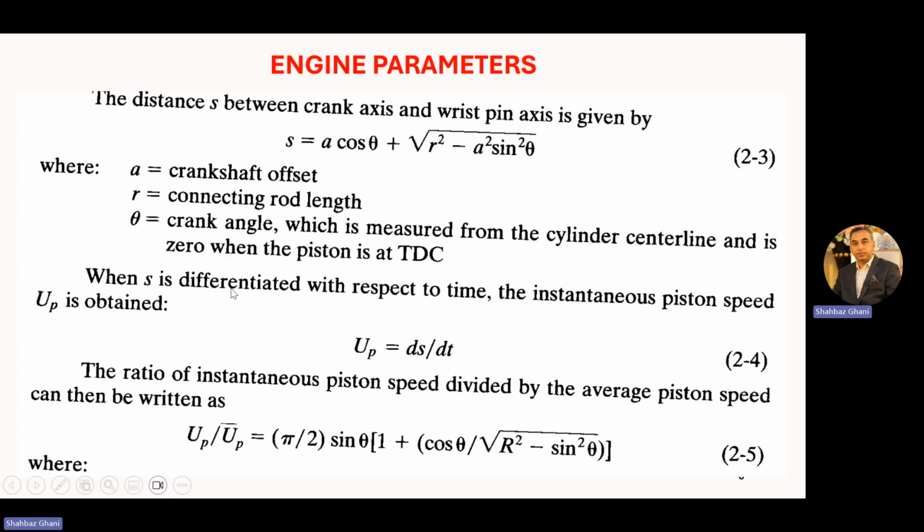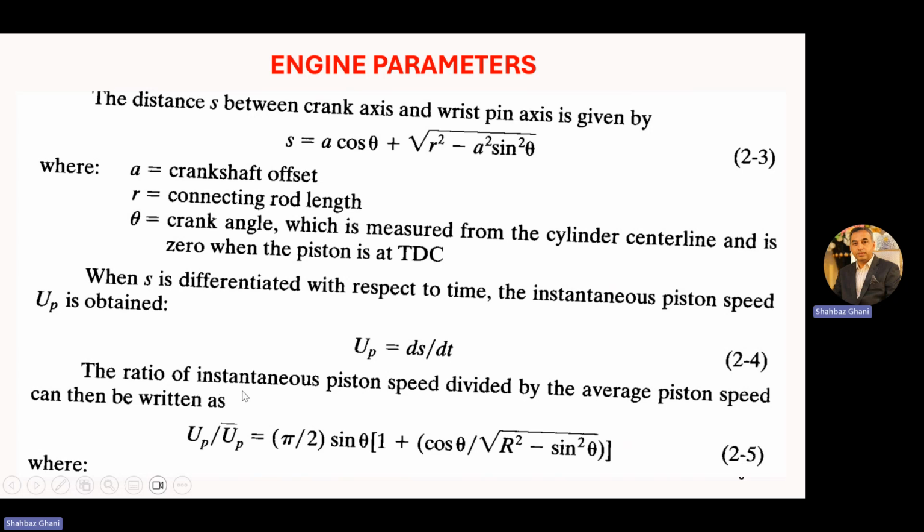Now when S is differentiated with respect to time, we get the instantaneous piston speed, Up. As you know, when distance is differentiated with respect to time, we get speed. Up is equal to ds, the derivative of the distance S, divided by time.